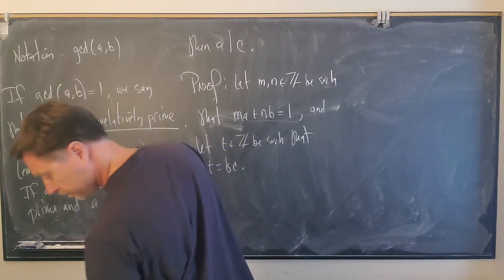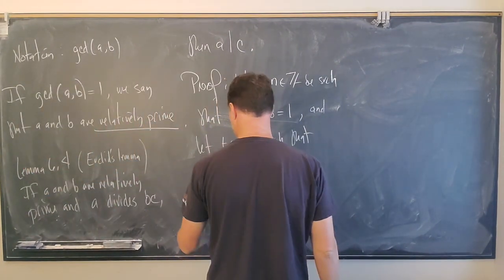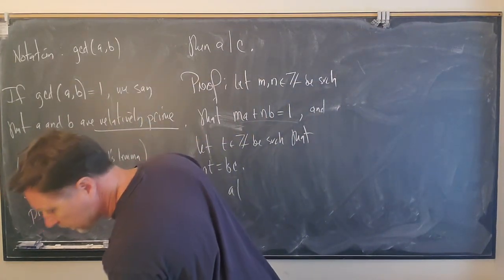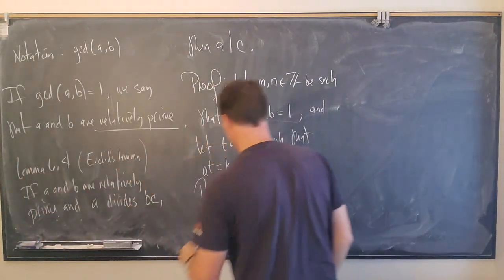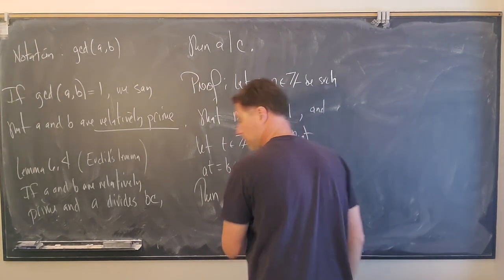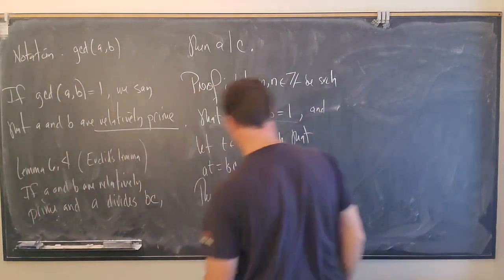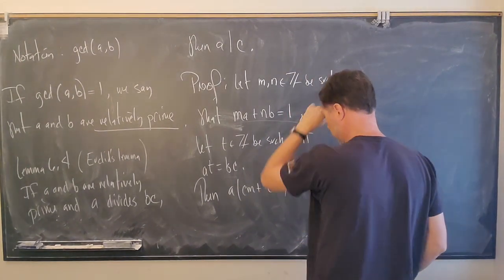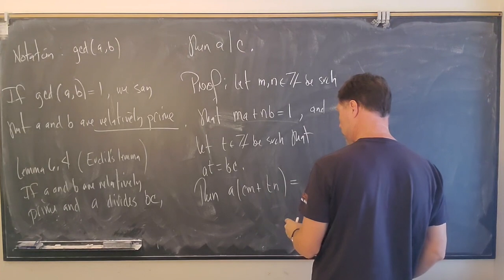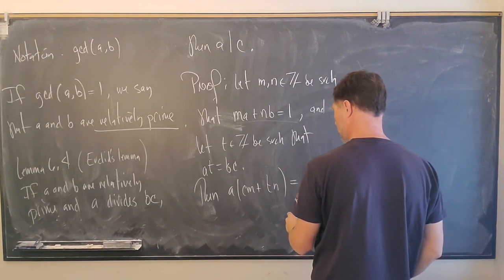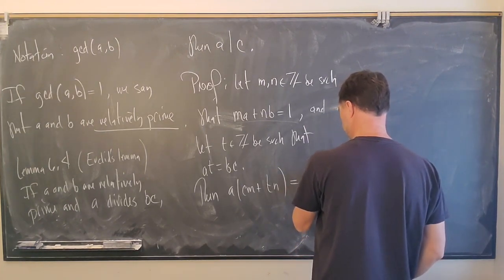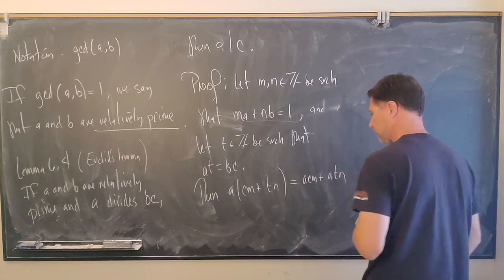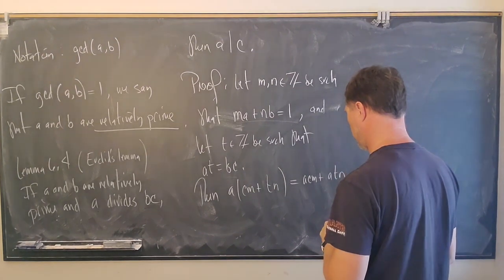So let's do it like this. A times (Cm plus Tn) is equal to, all right, so I'm going to multiply things out here. This is ACm plus ATn, just distributing.